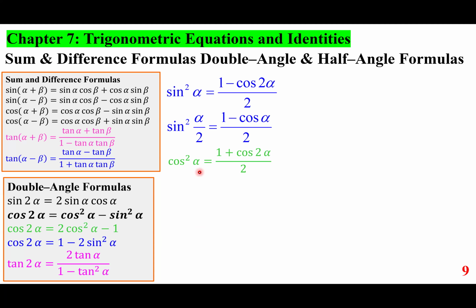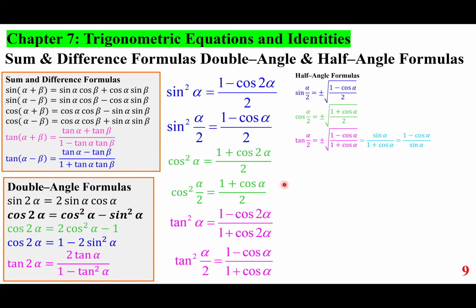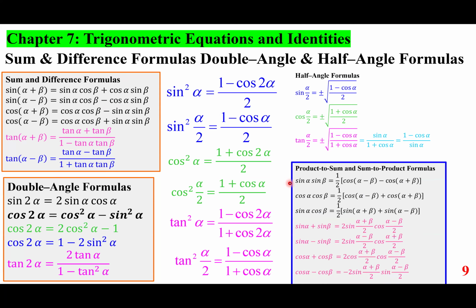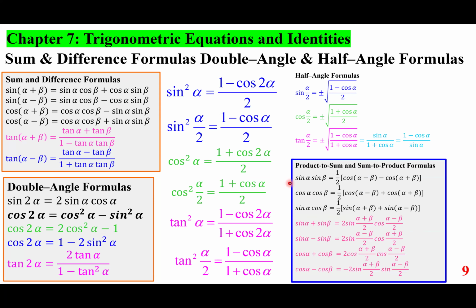From the green one, we can get cosine alpha, cosine squared, and tangent is the ratio of sine to cosine. So I'm in essence reminding you how to find all of these, okay? Even if you haven't memorized it, if you know just a few of them, you can come up with the rest of them. And those are half-angle formulas and the product to sum and sum to product. So just to remind you of the formulas.